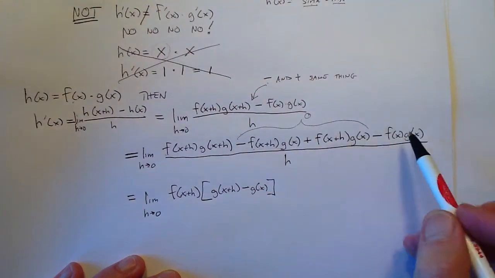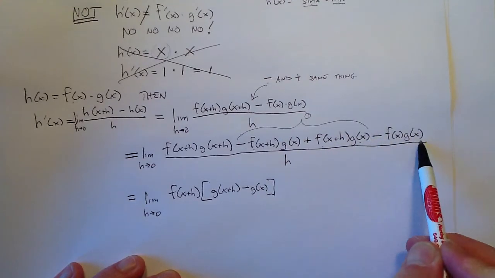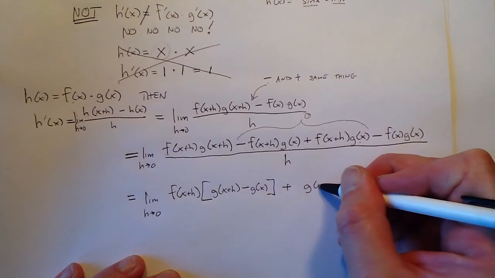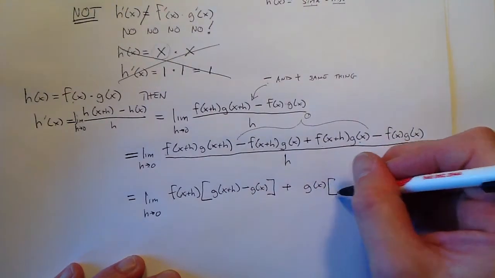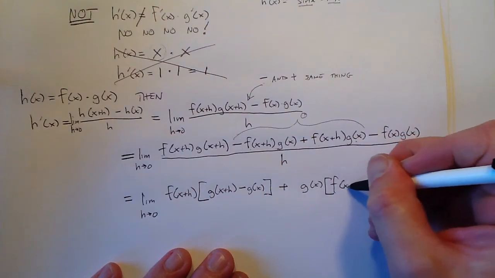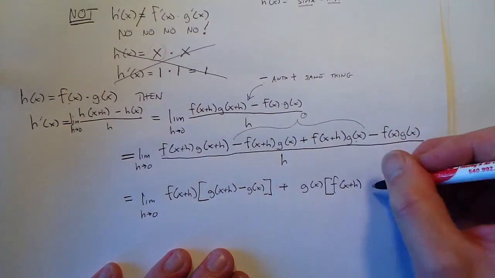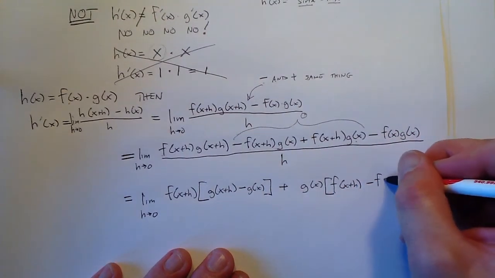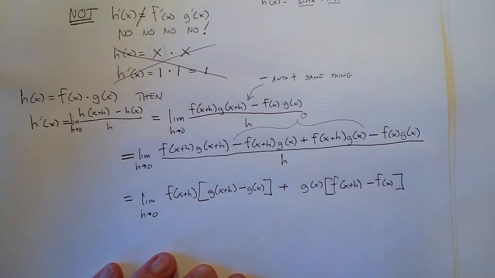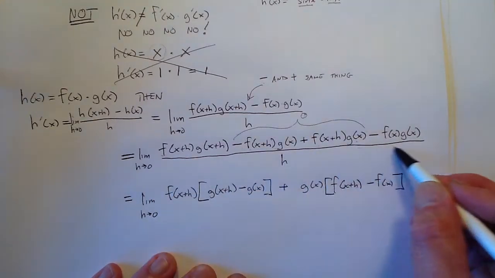And then if I look at the second two terms, they have a g of x in common. So I'm going to factor that out, and that leaves behind f of x plus h minus f of x. Okay, I'm just doing algebra here, right? Okay there? And then this is all over h.